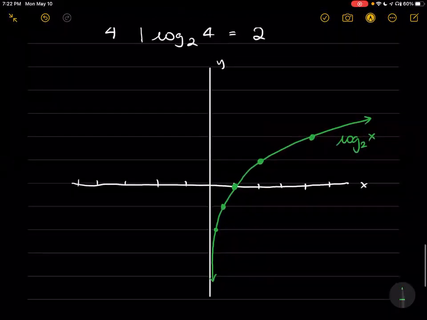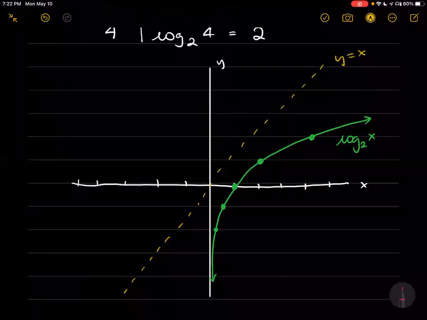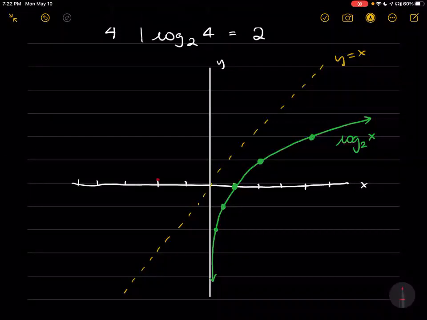An interesting thing to note about this graph: if we reflect it across the y equals x line, we get back, if we reflect our points, I think we get here and here, here, and then we also have here and right about here.